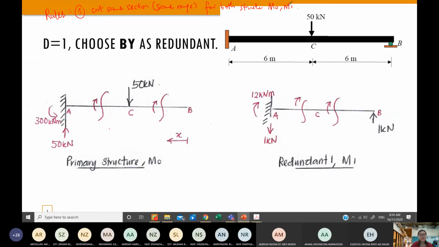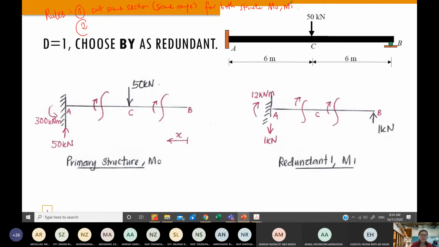Meaning that if you cut 2 for M0, you cut 2 for M1, and they must be cut at the same range. From A to C for M0, A to C for M1. C to B for both M0 and M1.